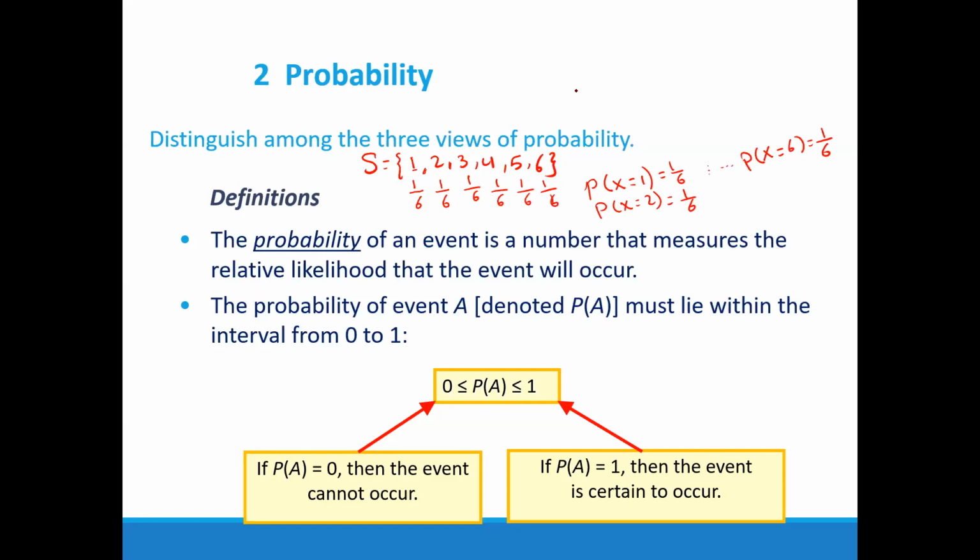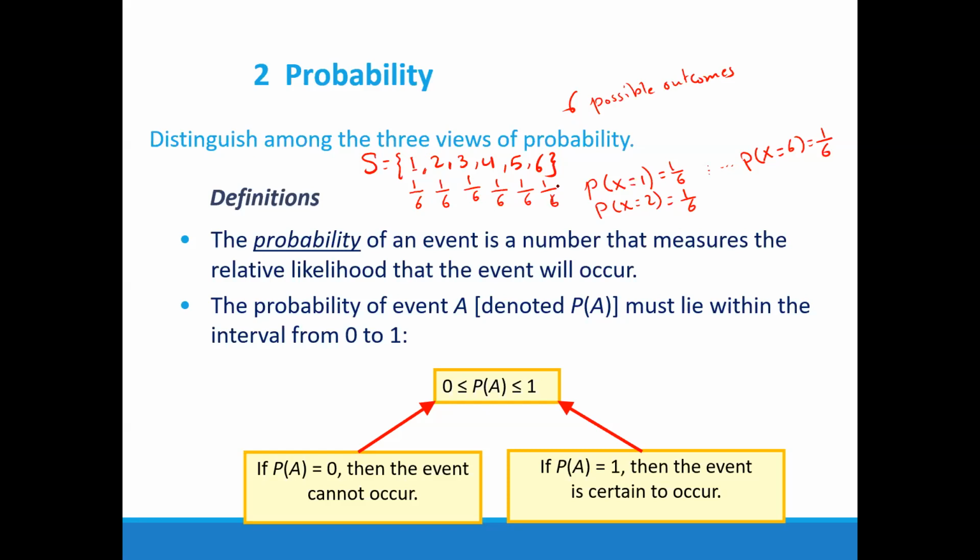We have 6 possible outcomes, and each event is a single one. So we divide 1 by 6. This is the probability for getting each one of these numbers.